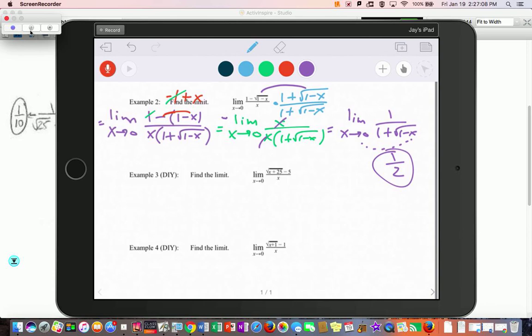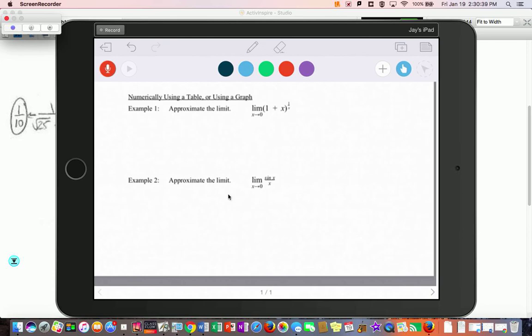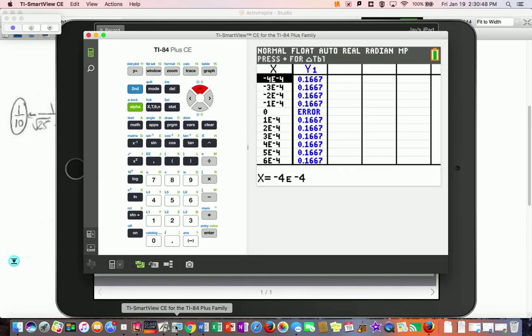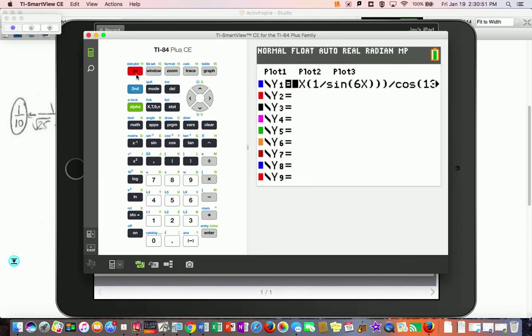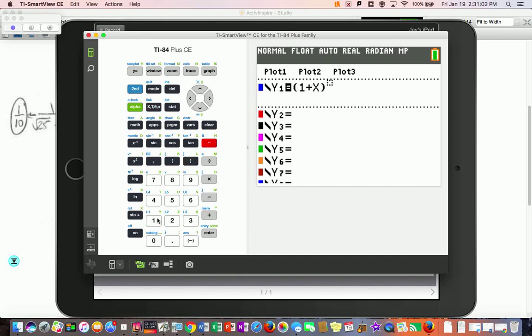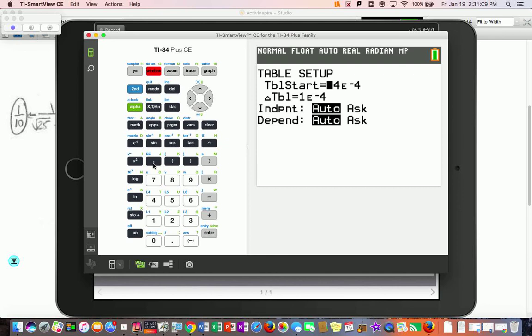All right, so the last couple here on this page, we're going to just go to our calculator, and there's still some things that are just beyond what we can do. So you're going to type in for y equals 1 plus x raised to the 1 divided by x. And I would look at a table, and we're supposed to get close to 0.